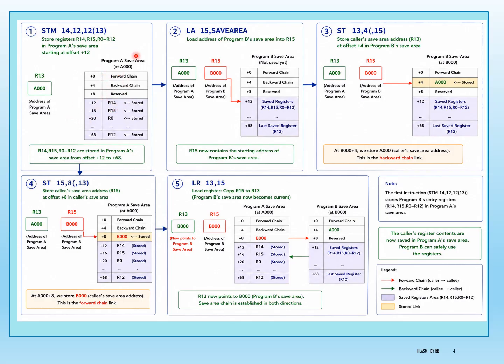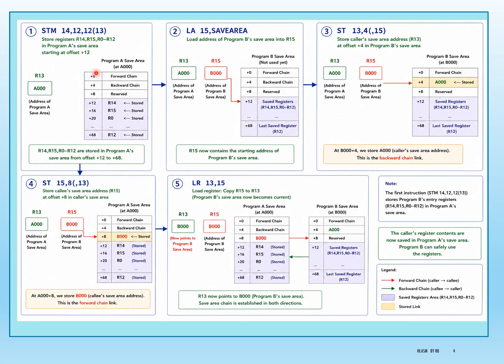So where is this program A save area right now? Let us say it is at an address called A000, and register 13 is pointing to this particular save area. So what we are doing here, we are taking the data of the registers from register 14, 15 up to 12, and we are putting it at 12 comma 13, that is A000 plus 12.